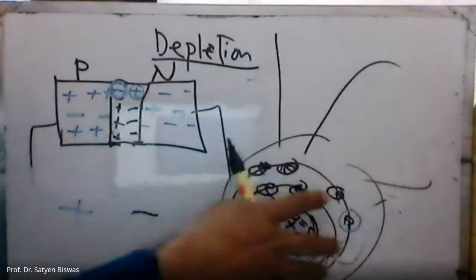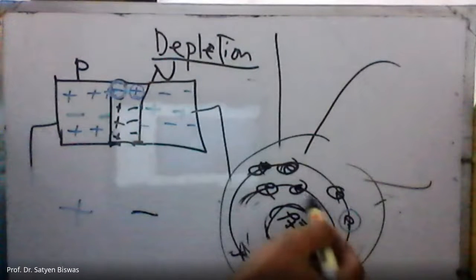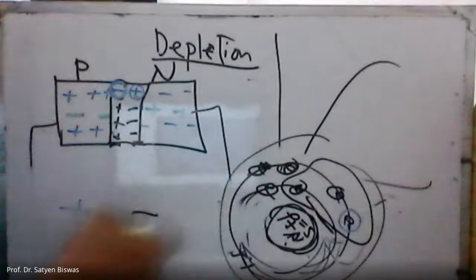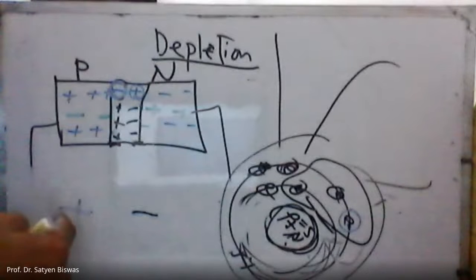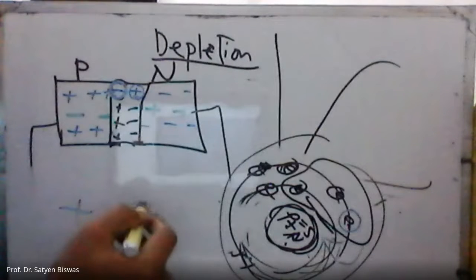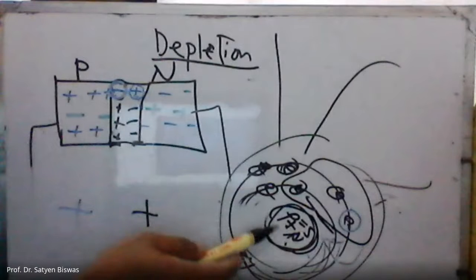So now, if we take, let's say, 3 electrons from this atom and put them here, what will happen to this atom? It will become positive, right? And it cannot move because it has lost lots of energy.